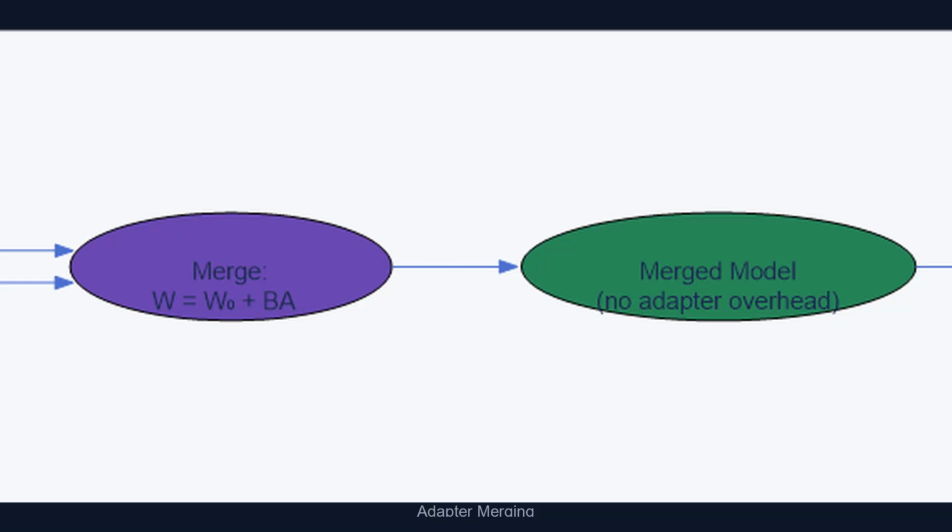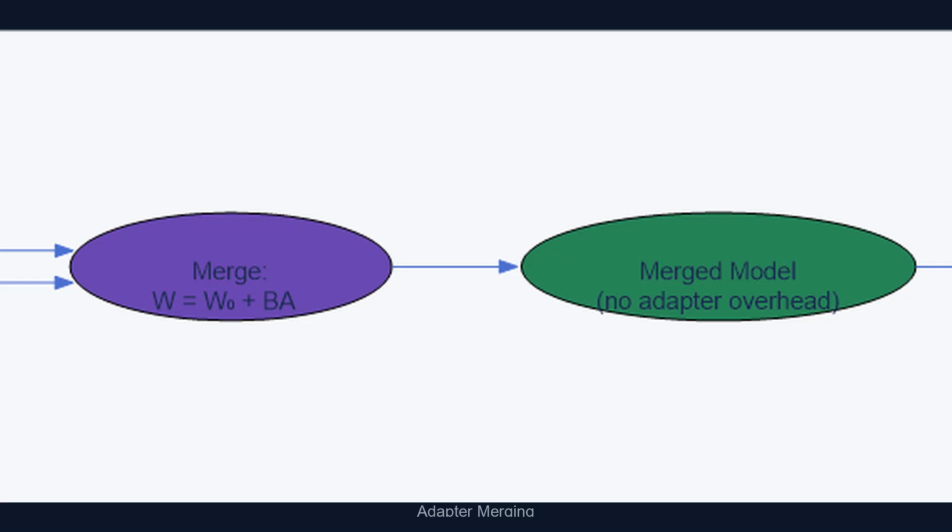After fine-tuning, merging the LoRA adapter back into the base model is often the right move before deployment. Here's why it matters and how it works. During training, the base model weights W0 stay frozen and the adapter matrices A and B accumulate the learned updates.